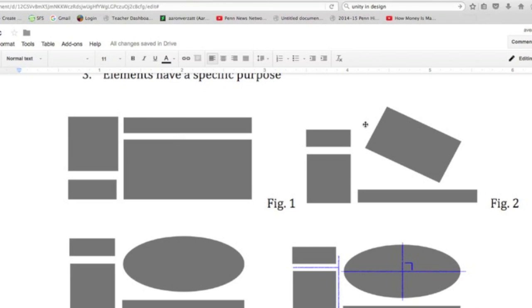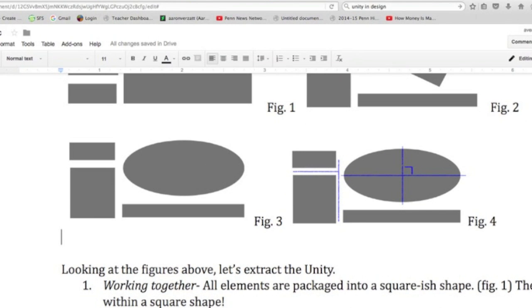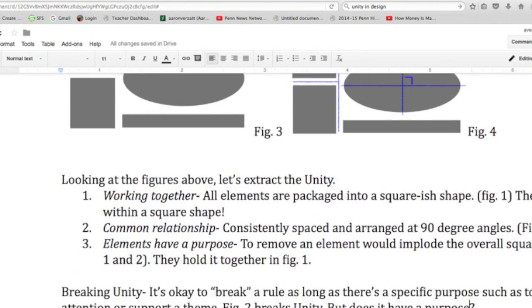You could be hired to design a piece that is against a certain type of government policy. And this might be your symbolic way of suggesting that it doesn't work, trying to cram a square into a circular peg hole. See what I mean? So you might have a theme that drives you to break the rule. You might have a reason to create a sensation because your piece might be designed to make people feel uncomfortable, so make the unity break.